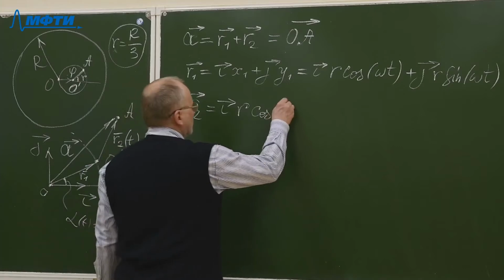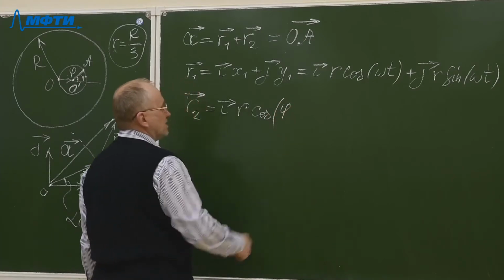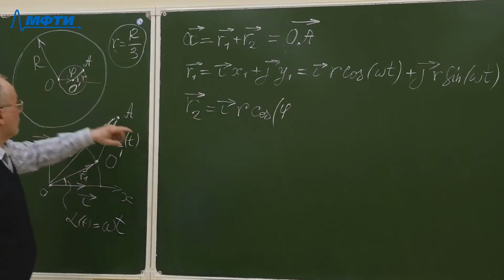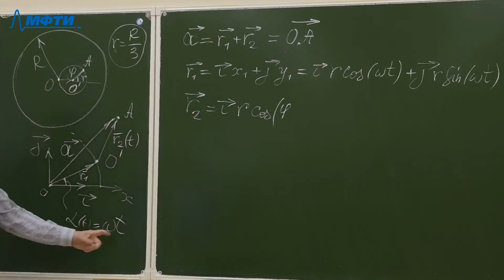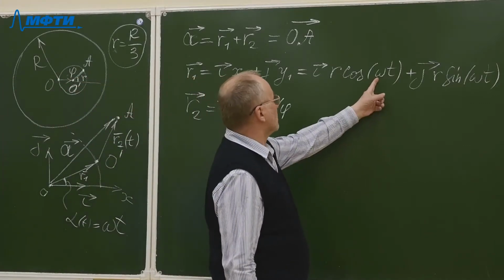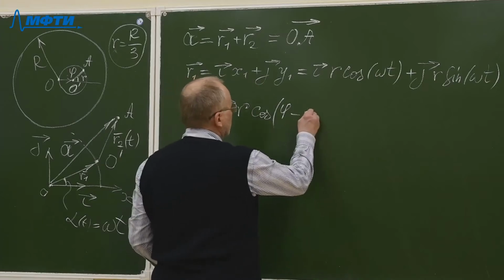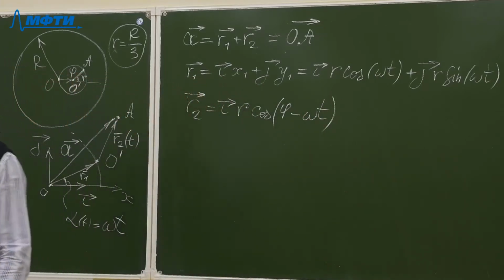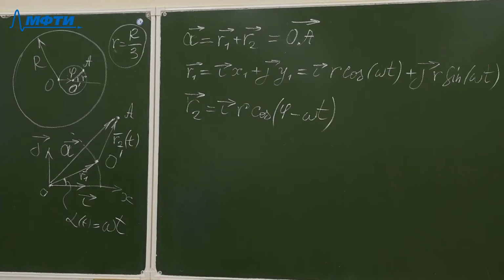When the time was 0, the initial phase was phi. And then we know that this vector rotates at angular velocity omega, but in a different direction. So if here omega is positive, then here omega should be negative, because the rotation is in the opposite direction, according to the statement of the problem.